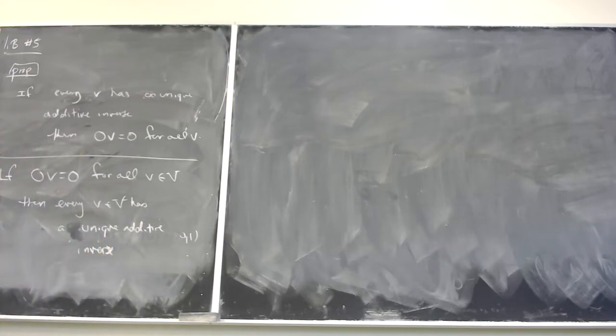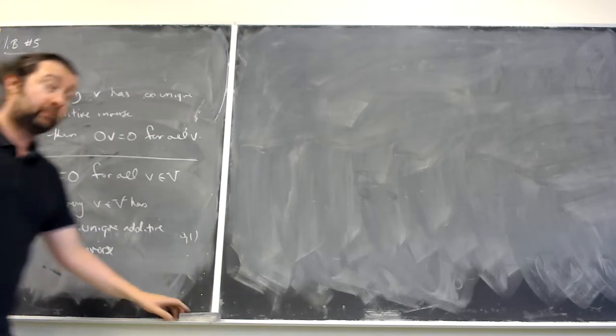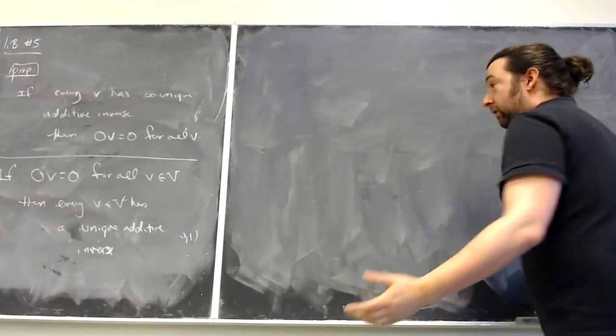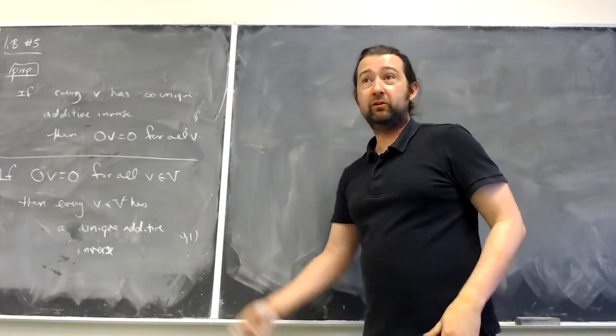So it's asking you to reverse the logic of the statement. Don't assume the additive inverse statement. Assume that this 0 property holds, and then force the additive inverse to exist. Okay? So does anybody have any idea how to get started on that? What do you do? What's the basic idea?